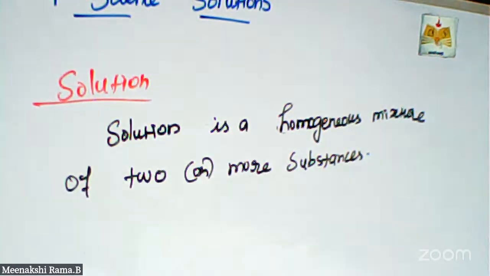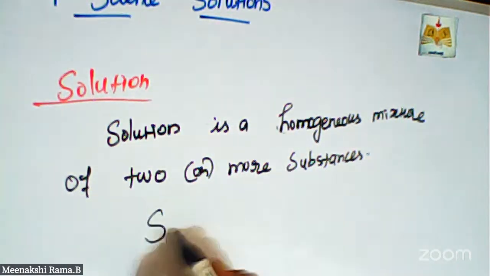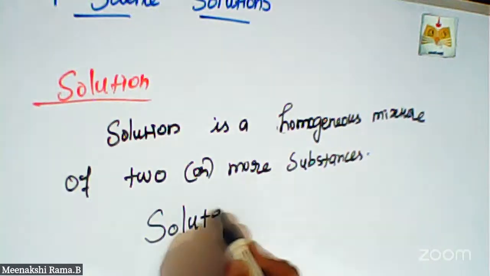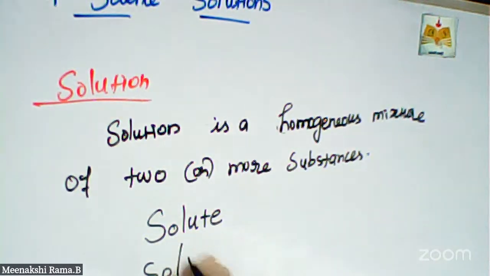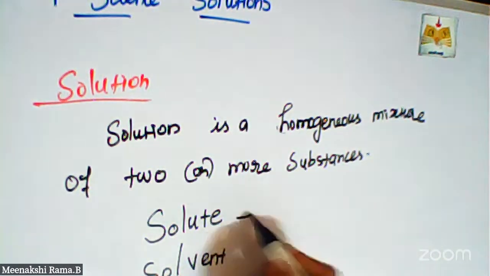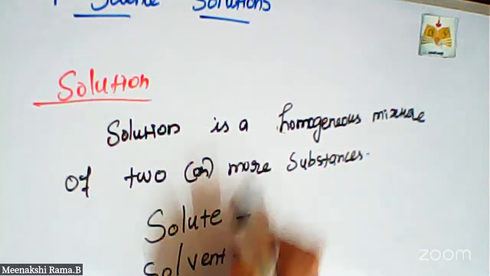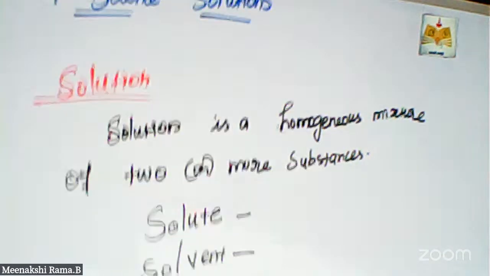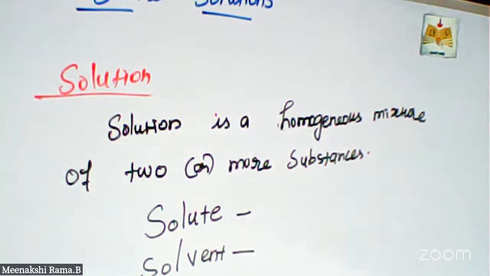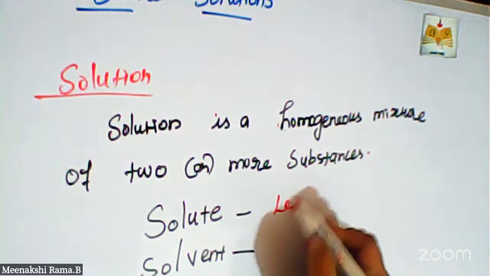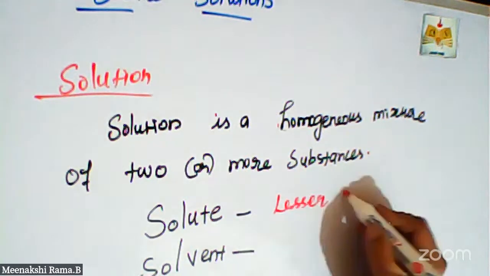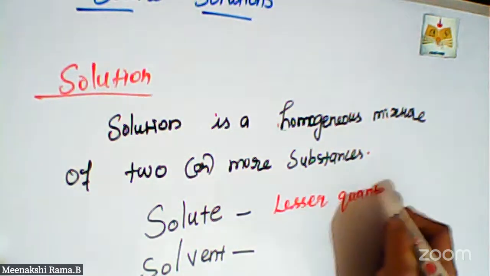A solution contains two main parts. One is called solute. Another one is called solvent. Solute means the lesser quantity material.